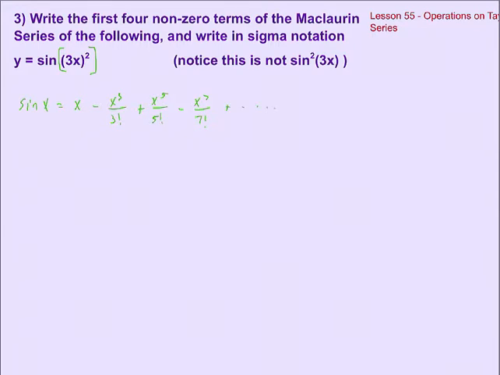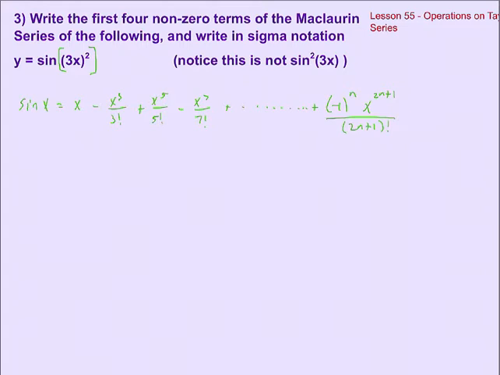And the general term for that just keeps going forever, and as we fill in the pattern, it's negative 1 to the nth times x to the 2n plus 1 over 2n plus 1 factorial. That would be starting when n equals 0.